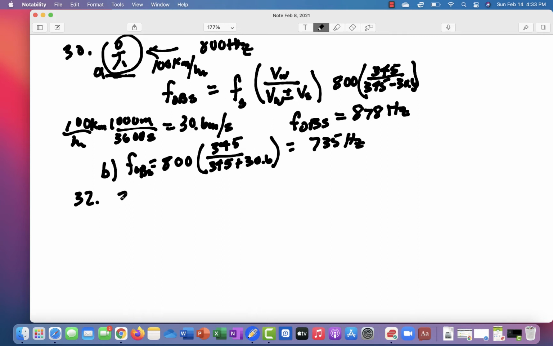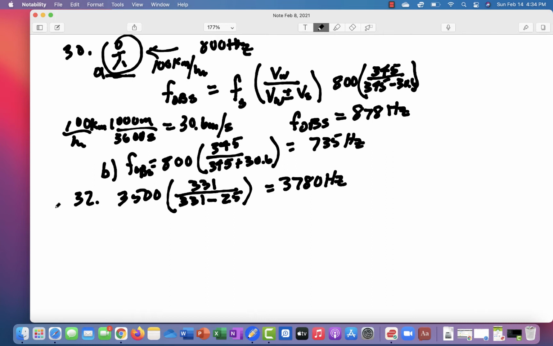So you'll take the 3,500, which is the frequency of the screech, times 331, which is the velocity of sound they give you, divided by 331, and in this case, minus the 25 meters per second the hawk is traveling. And that means that this mouse actually hears 3780 hertz instead of 3500.